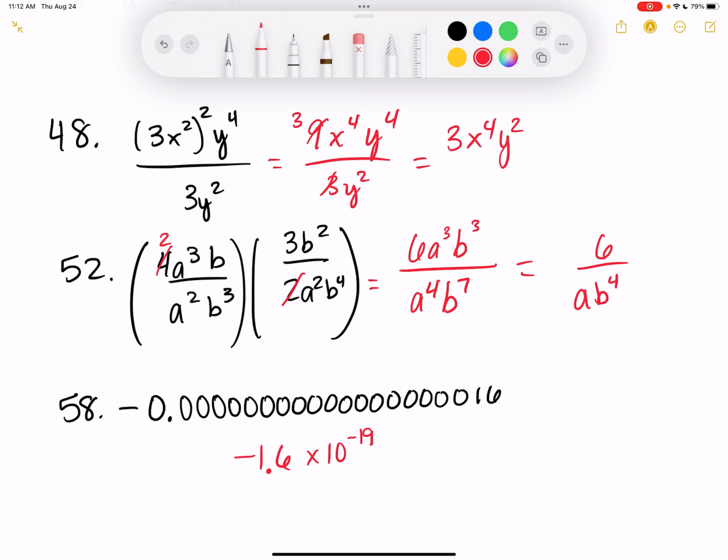So the decimal to get back to the original number would have been moving left. You could be like, well, if I move it right, it's going positive. Oh, that's a really big number. So you would know you need to move it left, and that way it's negative. That's the easiest way to think about it. But super small decimals should always end up negative in scientific notation, and super big numbers should always be positive.